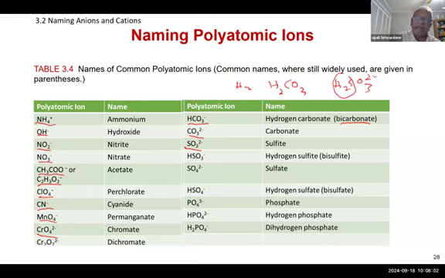Hydrogen sulfite ion or bisulfite, common name, just like this one. These are common names. Sulfate is from sulfuric acid. Similarly, you can have hydrogen sulfate or bisulfate.